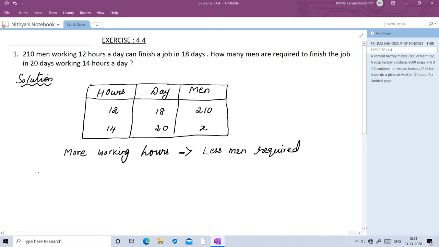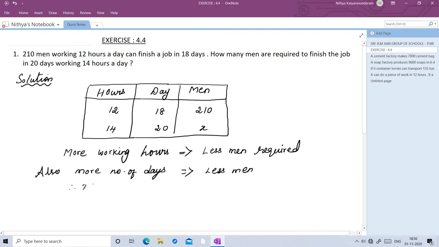And also more number of days means if more number of days is working means less men. So it's an inverse operation.